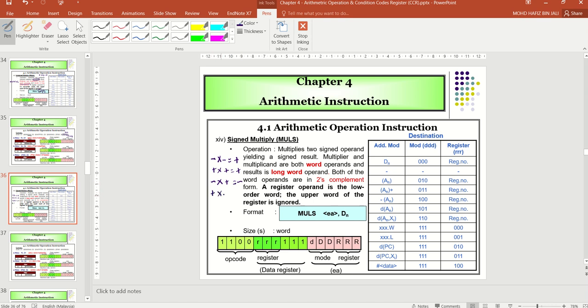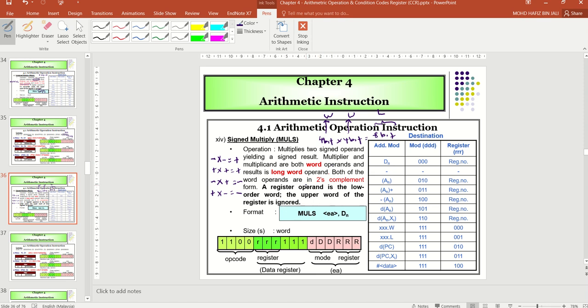Positive times negative, also a negative value. Similar to MULU, the multiplier and multiplicand need to be in word format, so 4 digits. 4 digits times 4 digits, we get 8 digits. This represents long word, this represents word. Word times word, we get the long word.